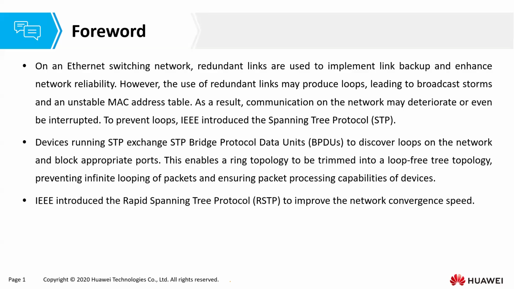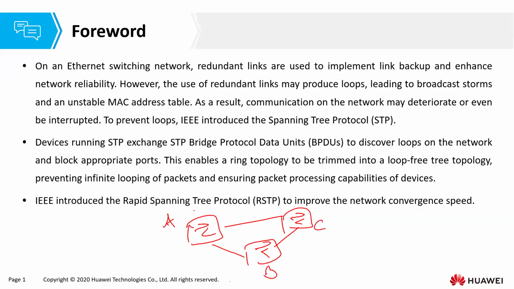So when we talk of redundant links, it's just basically backup links. So if I can give an example, if I have a setup like this, we have a redundant link there. Because if I have switch A, B, C, I have two links that lead me to switch C. So path one and path two, both of them lead me to switch C. That basically means one of the two links is redundant.